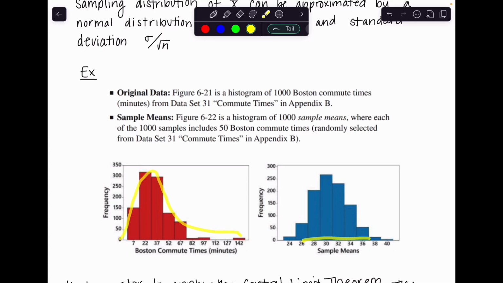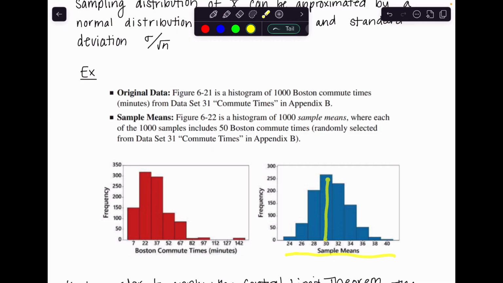Then they repeat the process, pick 50 more different data values, find the mean of that, and plot it in that histogram. You can see what results is something that is symmetric and does have that normal distribution, which is fantastic, because again, I can find probabilities with a normal distribution by using those z-scores.